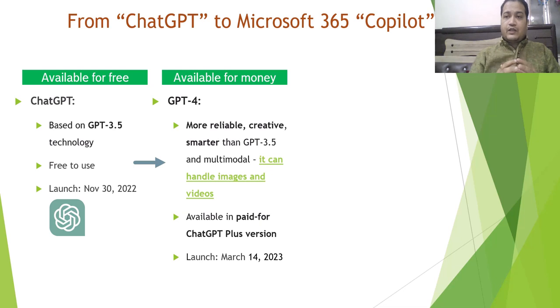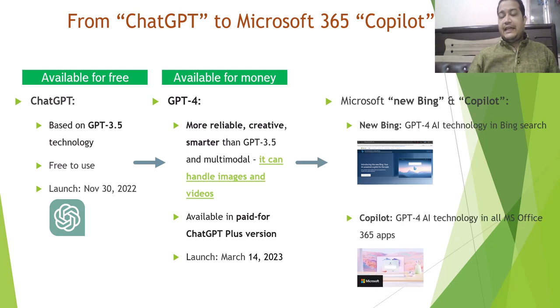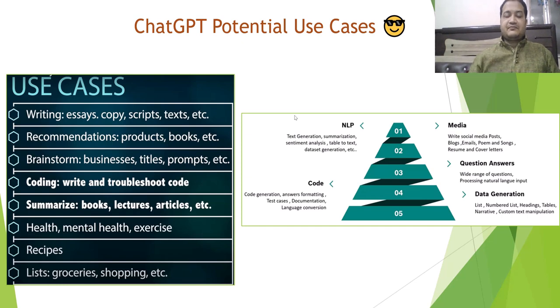GPT-4 is more powerful in terms of performance. And then Microsoft introduced GPT in Bing, and Copilot was also introduced based on the GPT-4 AI technology.